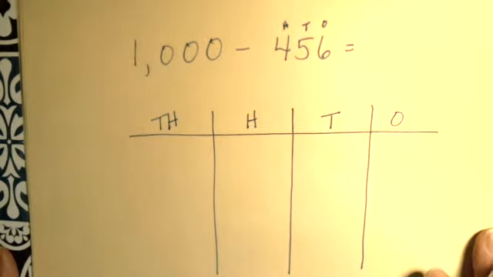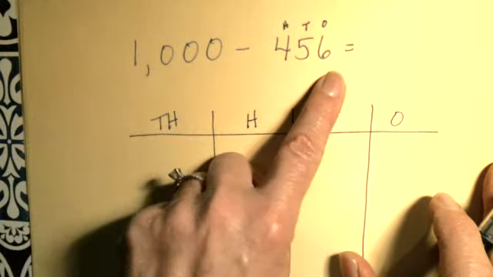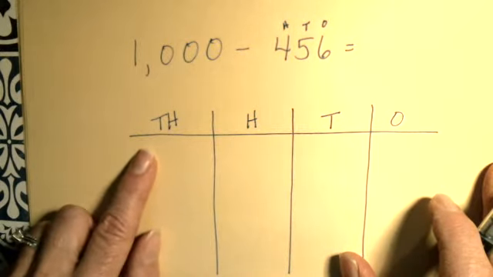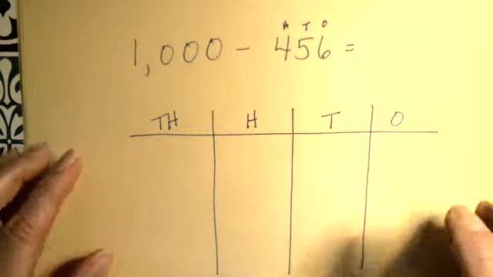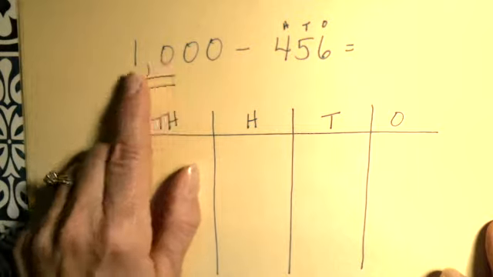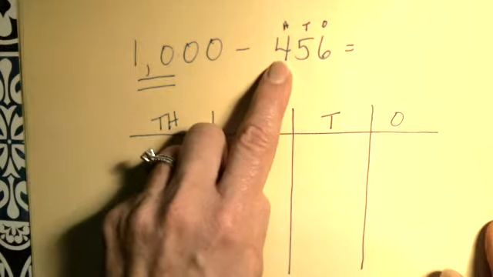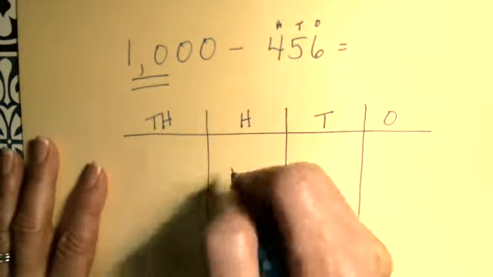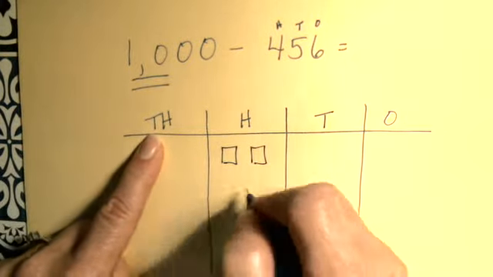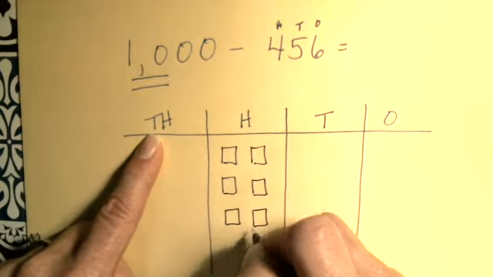So the reason I'm talking to you about that is, when we say 1,000 minus 456, we would be putting a 1 here for the thousands. But I also know that 1,000 is the same as 10 hundreds. Since I'm going to need hundreds and tens and ones, instead of putting 1 in the thousands, I'm putting 10 hundreds.